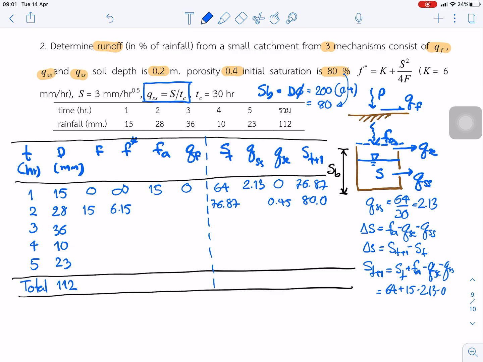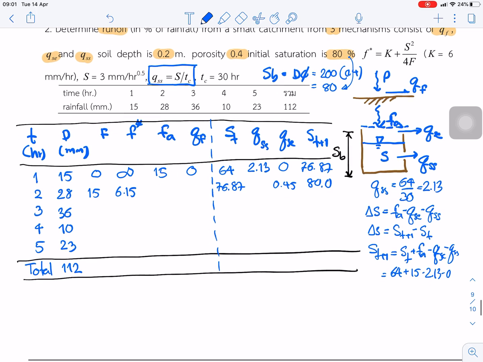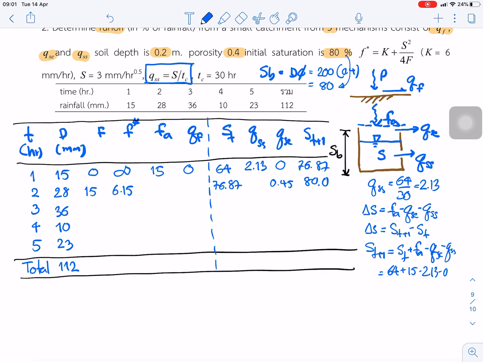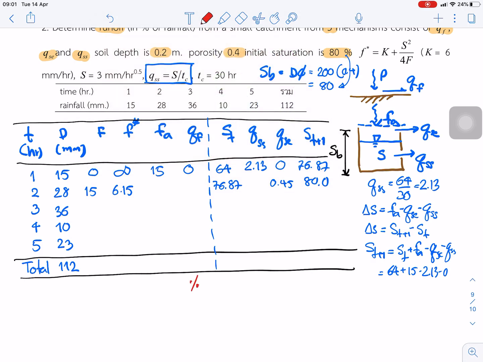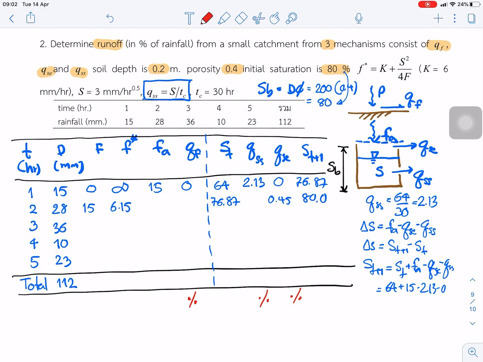It's not possible for water to be higher than the storage capacity. Finally, we want to know what percent of rainfall goes to infiltration excess, saturation excess, and subsurface runoff, similar to the example. You can do the rest of the problem by yourself.